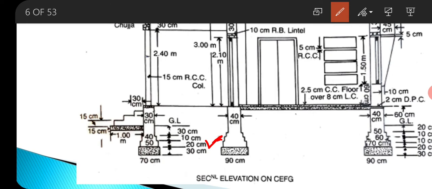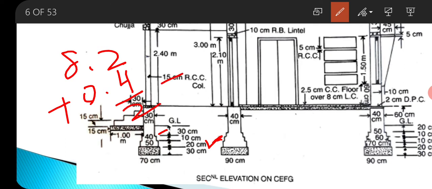Similarly for the second footing, the width is 40 cm. So with the center to center length of the long wall of veranda, that is 8.2, we will add half of the width of the second footing on both the sides, so 0.4 by 2 plus 0.4 by 2. This is the length. Similarly, breadth will be 0.4, and thickness is 10 cm.